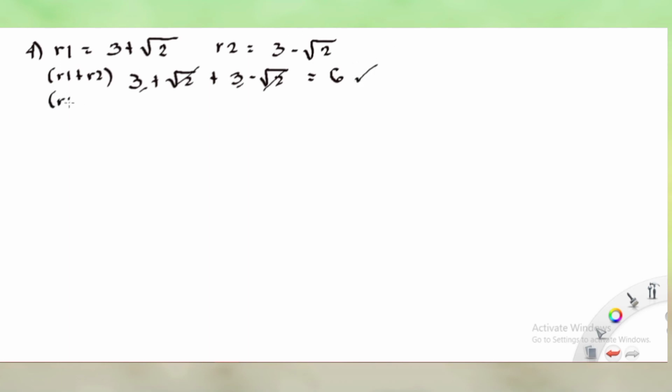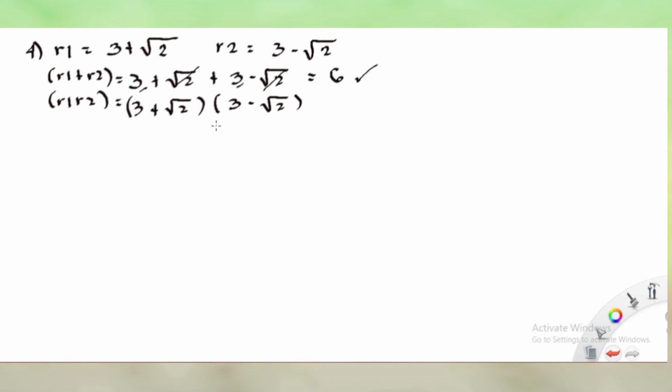And then the product of the roots is R1 times R2, is equal to 3 plus the square root of 2, times the quantity 3 minus the square root of 2. If we remember the special products, this is sum and difference of two squares.